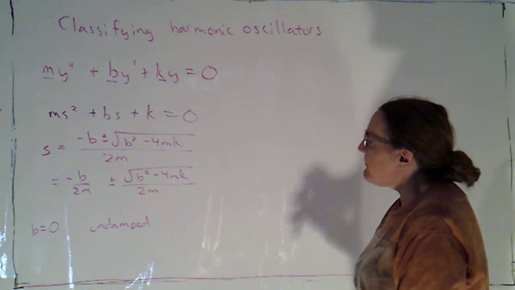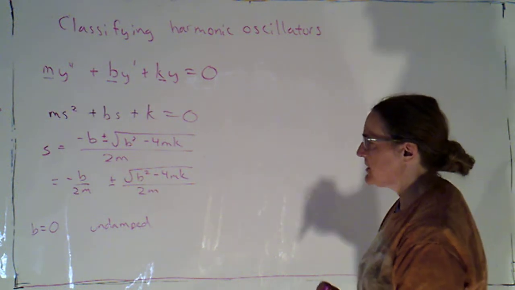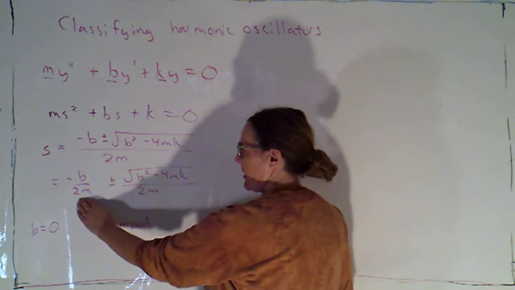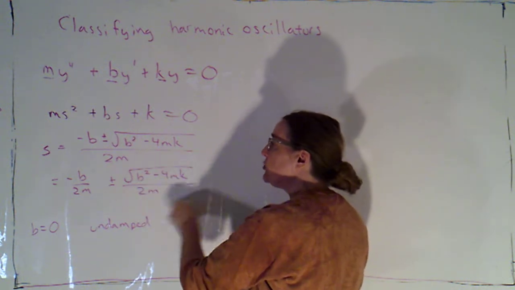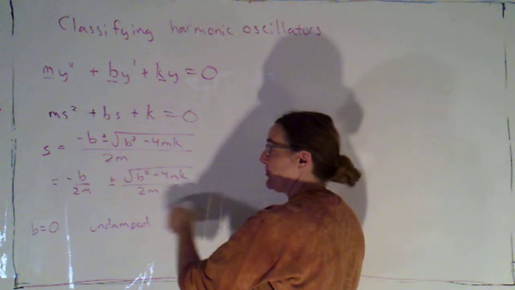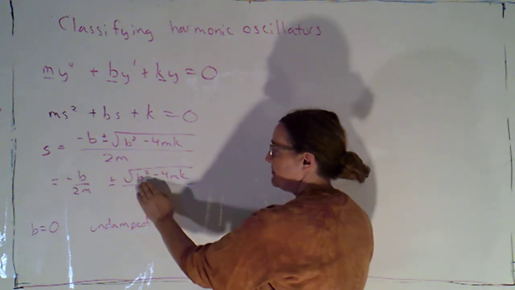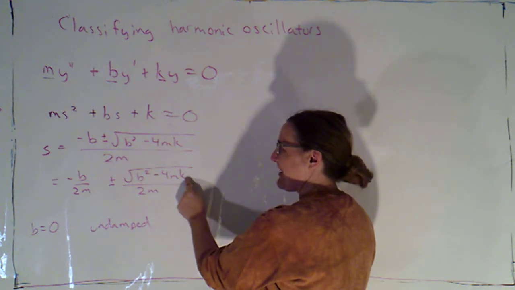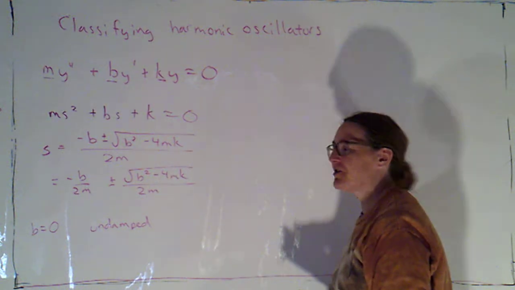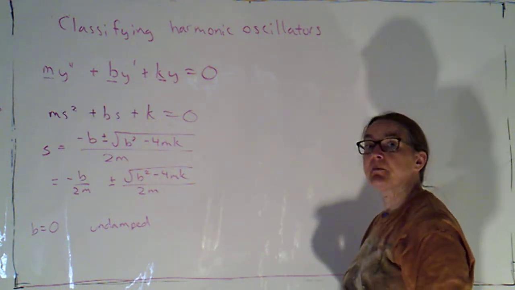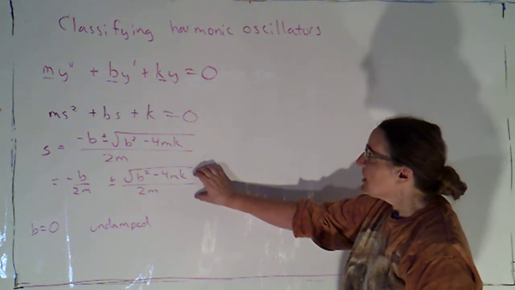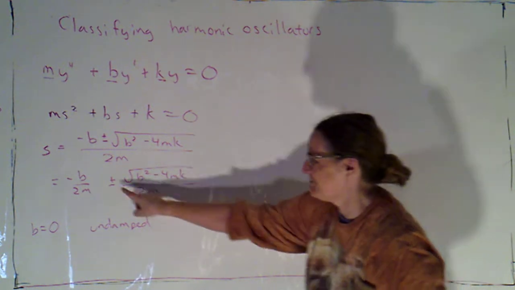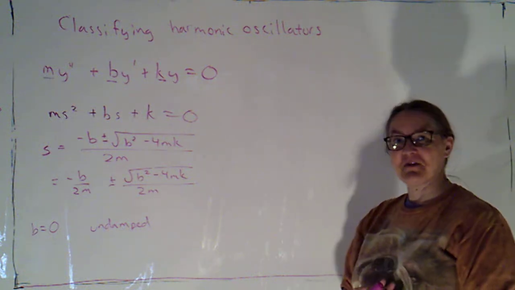Okay? Now, if I look at what my solutions here are, if b is 0, this would have to always be a purely imaginary number, okay? Because b is 0, m and k are positive, so I've got a negative under the radical sign. So we'd have pure imaginary roots, because I'd have plus or minus two things.